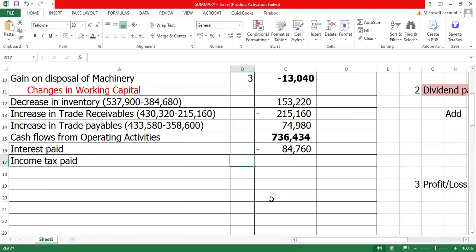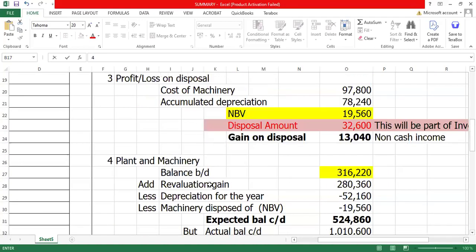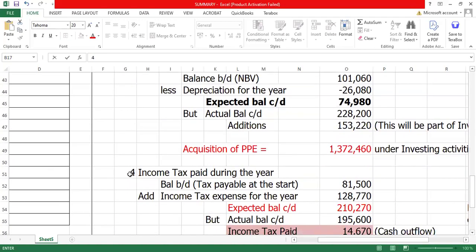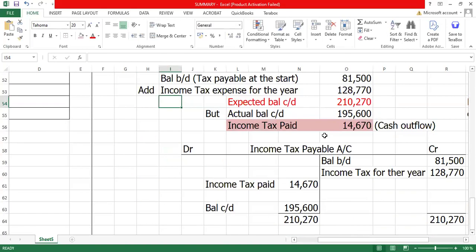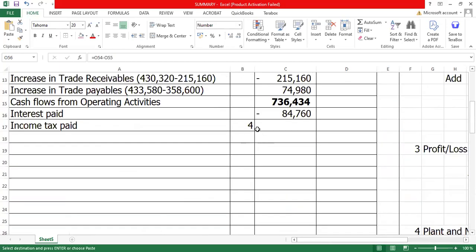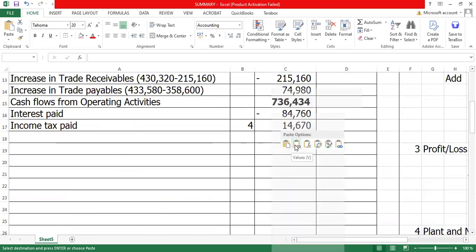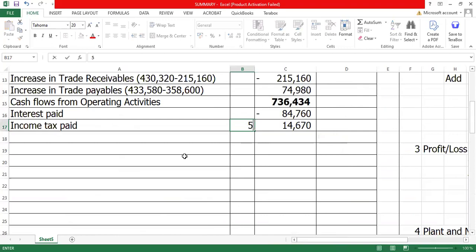That is from working number 4. Our income tax paid from note number, I think this is note number 5. Note number 5, income tax paid is this one.